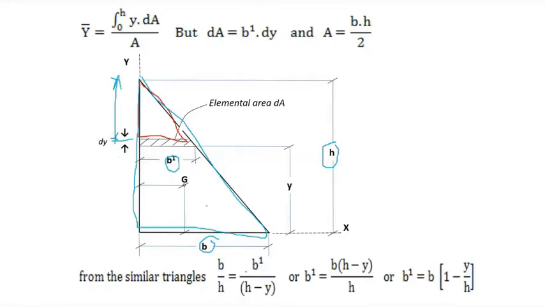H minus y, right? The total value is h, so h minus y. From this you can obtain the value of b dash. So b dash will be equal to b into h minus y divided by h. Now you can see the value of b dash is in terms of b, h and y, so the only variable now is y.